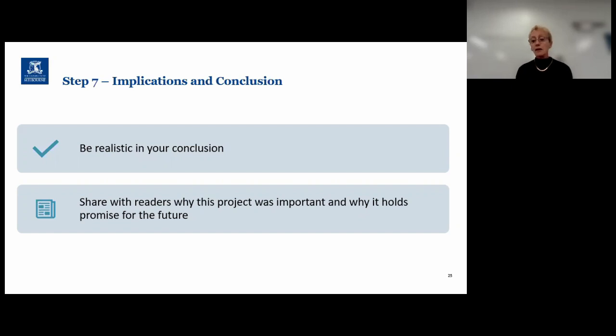You can also maybe mention future directions in the study area, but avoid the buzzword, "more studies are needed," because everyone could say that about their research.